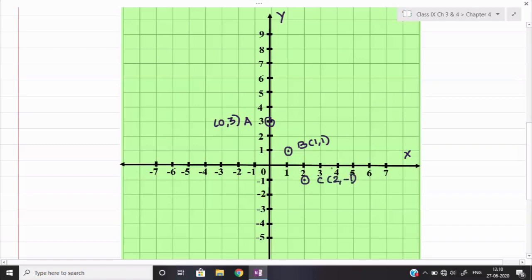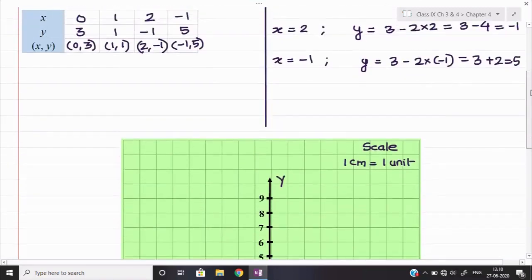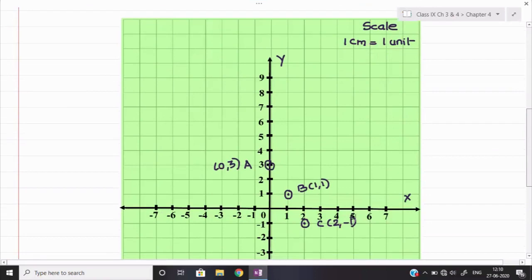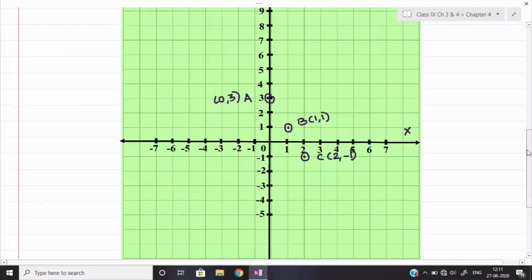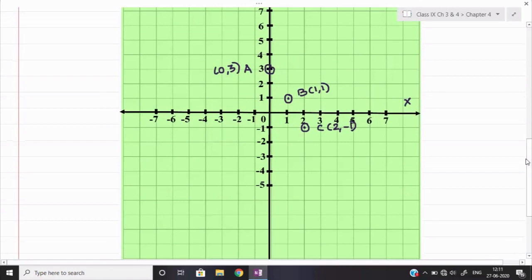And what is the last point? The last point is given here as minus 1 comma 5, right? See the last point, minus 1 comma 5. So x is equal to minus 1. So where is x equal to minus 1? x equal to minus 1 is here. On the x-axis I will go to -1, and from -1 I need to go either up or down.